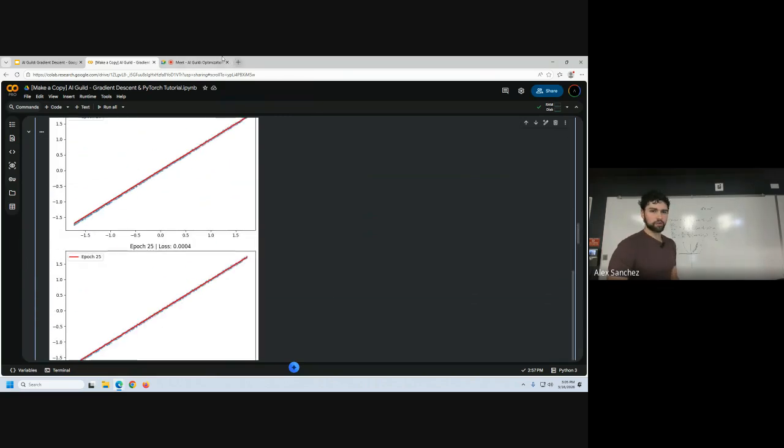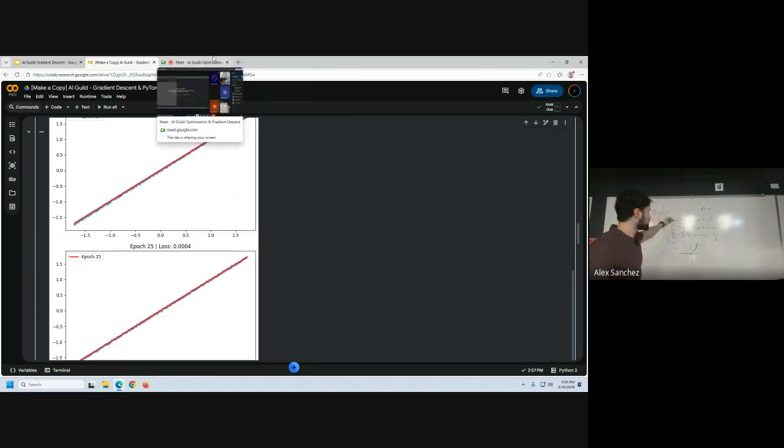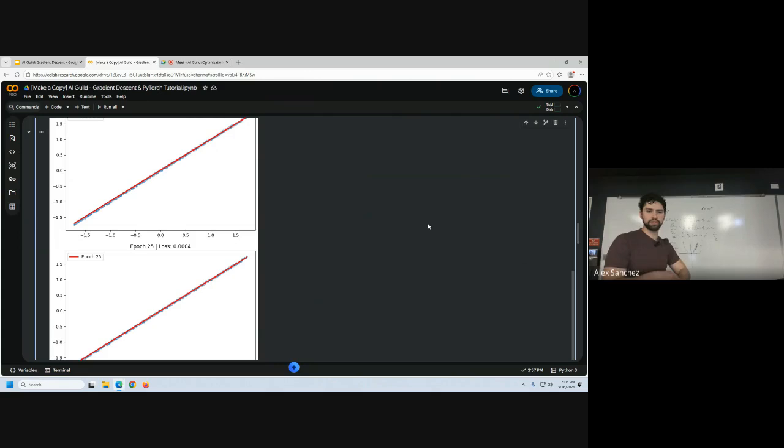Now, this is one equation. This is just a simple linear regression, right? But I want you to think about the instance of CNNs, or let's stick to a normal neural network.